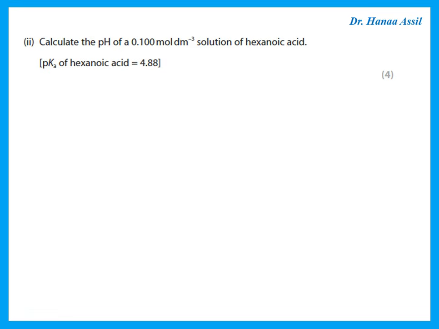Calculate the pH of a 0.1 mole per decimeter cubed solution of hexanoic acid, and he gives you the pKa. How can you get the pH? We use the pKa to get Ka. Ka is 10 to the minus pKa. So in this case, Ka is this number. And then I use this equation: concentration of H plus ions is equal to the square root of Ka times concentration.